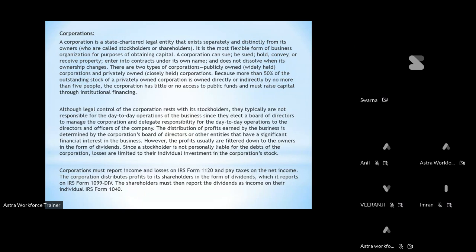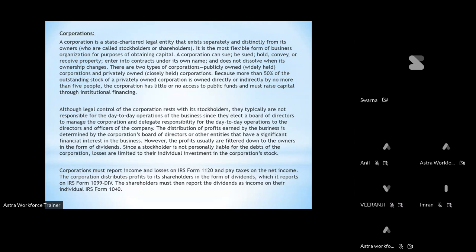The distribution of profit earned by the business is determined by the corporation's board of directors or other entities that have a significant financial interest in the business. However, the profit usually is filtered down to the owners in the form of dividends, since the stockholder is not personally liable for the debt of the corporation. Losses are limited to their individual investment in corporation stock.